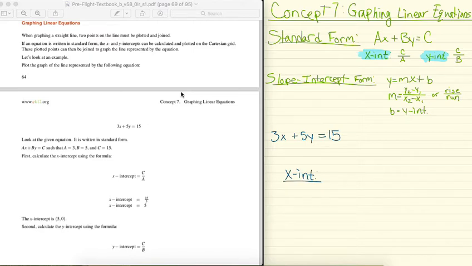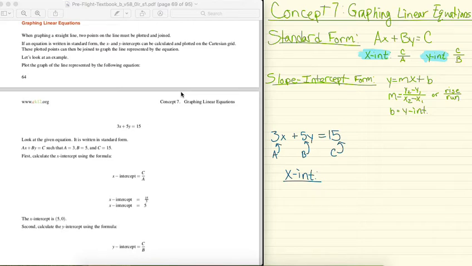That means A is 3, B is 5, and C is 15. So applying the shortcut that we have here, and again, use the shortcut if you like it. If you don't like it, then go back to what we did in the prior concept of going through that two-step process of plugging 0 in and then solving, because that's going to get you the same results.